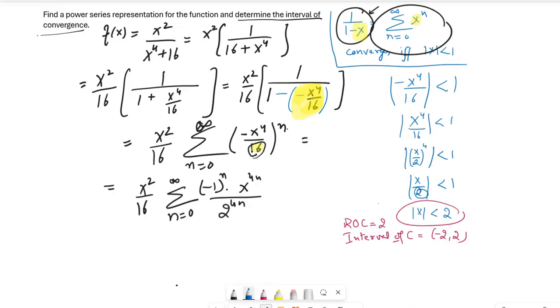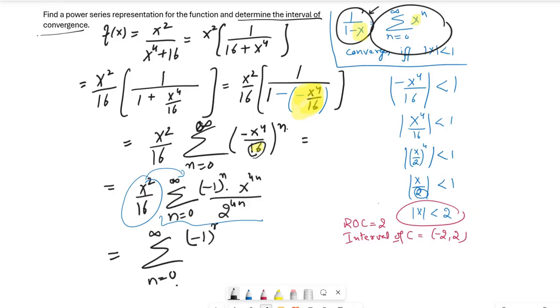We are kind of done, but this is a summation. It's just a parenthesis with a lot of terms added inside. This term can multiply with each term inside. So we can write it as sigma n from 0 to infinity, negative 1 to the power n, x to the power 4n times x to the power 2, divided by 2 to the power 4n times 16, which can be written as 2 to the power 4, right? So let's see how we can make it compact.